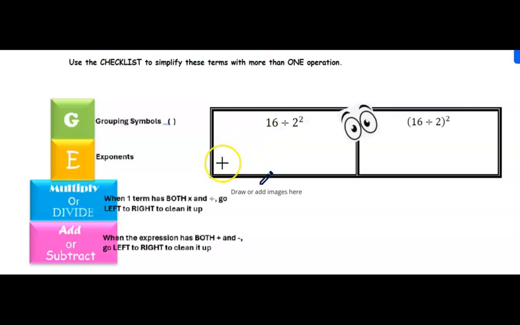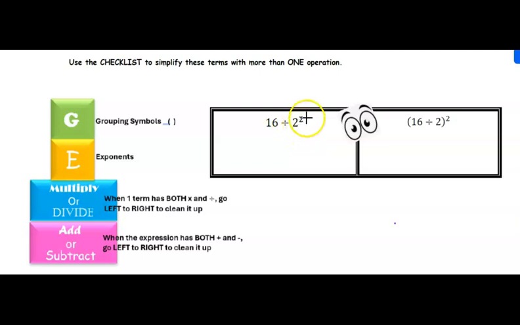Okay, here's another one where we have a checklist to help us because this has two operations and so does this one. The only difference between these two problems are those grouping symbols. So after we just did the last one, you can imagine that these are probably not going to come out the same, but we'll see. We have 16 divided by 2 squared. We have the quantity 16 divided by 2 squared.